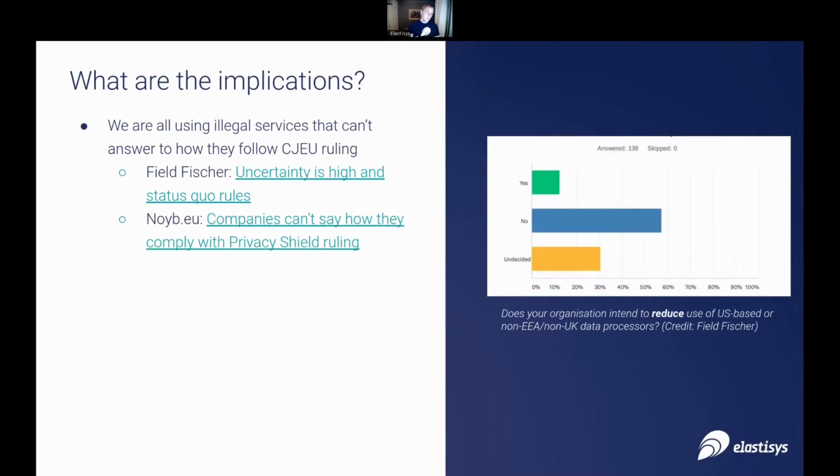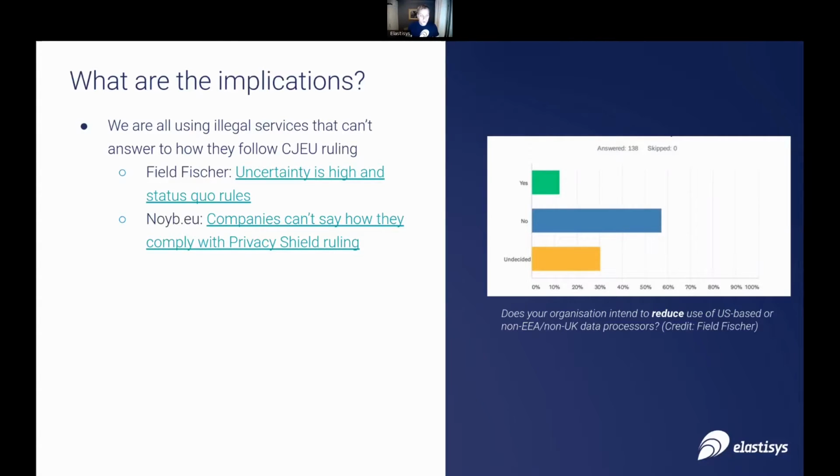NOYB, which is Max Schrems' organization, did a pretty complete survey with a lot of the big US service providers like Facebook and AWS and Salesforce and all the big ones. And the takeaway was that pretty much none of them could say how they actually will go about handling the fall of Privacy Shield and the EU ruling.